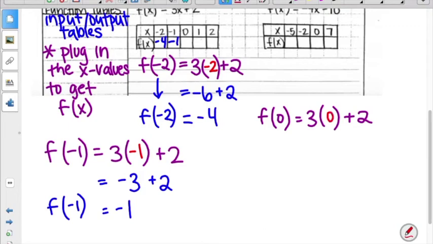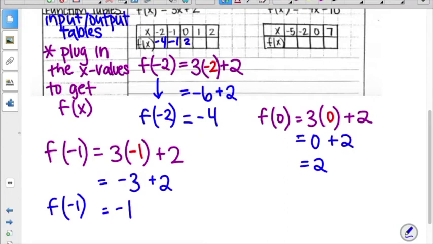Multiply them out. 3 times 0 is 0. Bring down your plus 2. Zero plus 2 equals 2. So when x is 0, f of x is 2. Okay, I'm going to save those last two for you guys to do on your own.